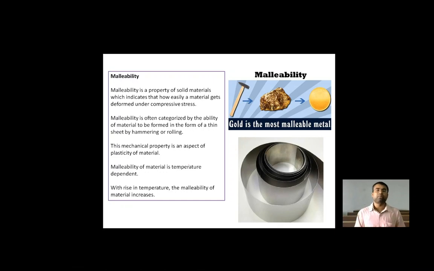So malleability is defined by this kind of thing, and that is why it is very much required in steel to provide various kinds of shapes and sizes. As you can see, one is gold, which is converted into a coin, and one is steel, which is converted to small strips which are utilized for various purposes and sheet metal processes.